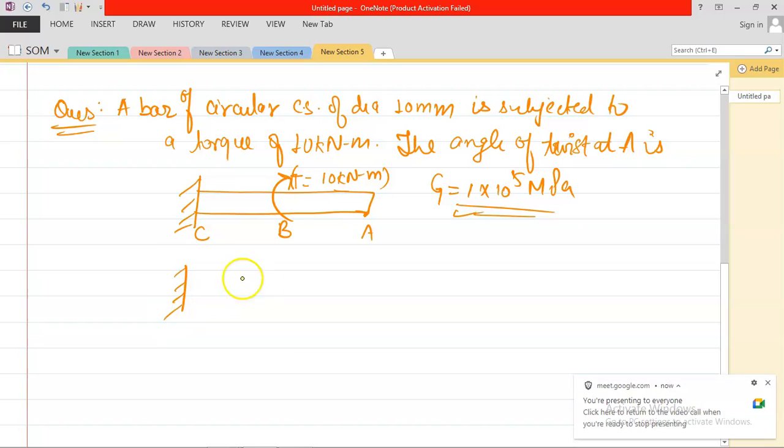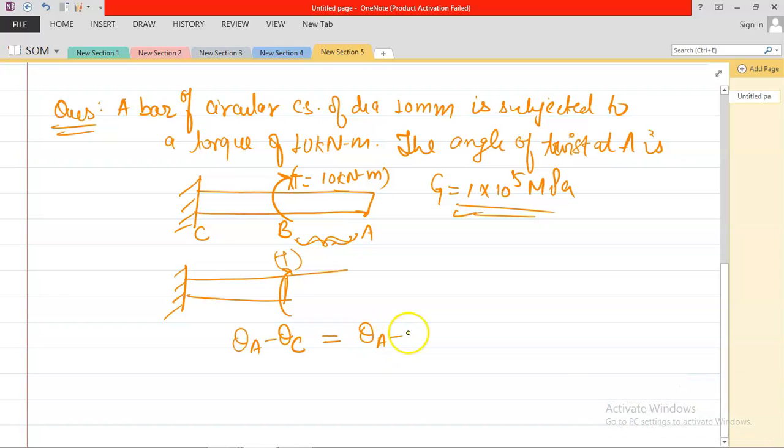So it is given that you have a body, so you can see that at point B the torque is applying. After that the body is not twisting. So if I write theta A minus theta C, that is equal to theta A minus theta B plus theta B minus theta C. Now you can see that theta C is 0. So this is theta AB plus theta BC.